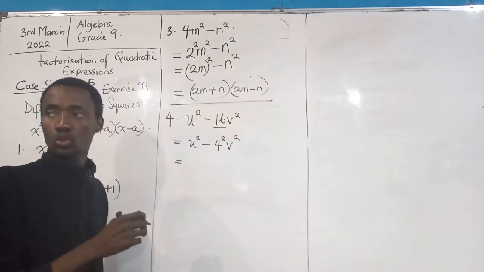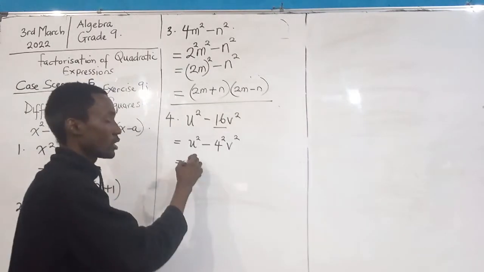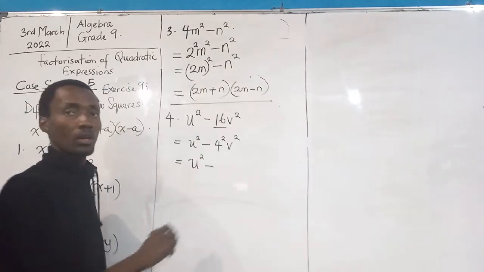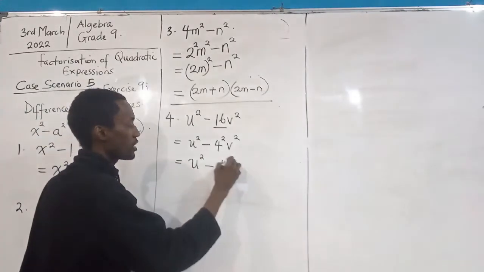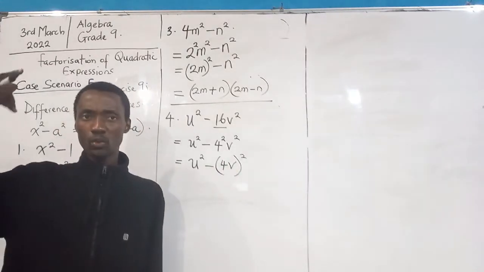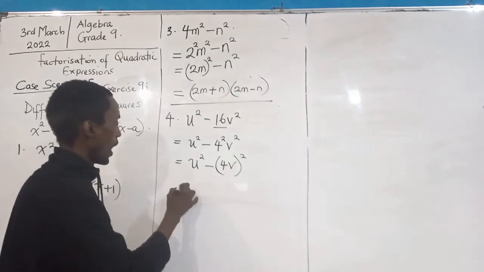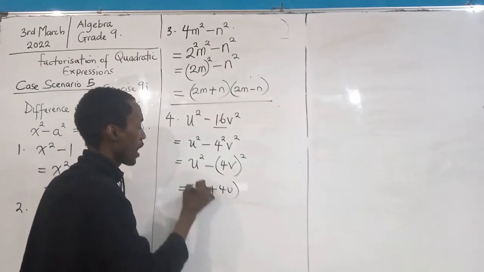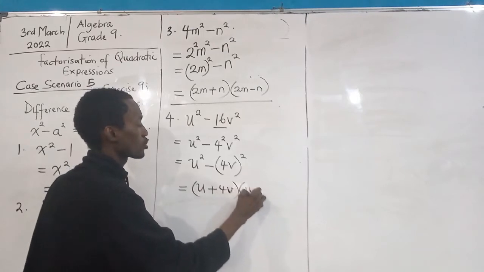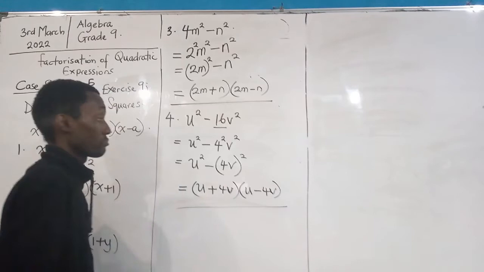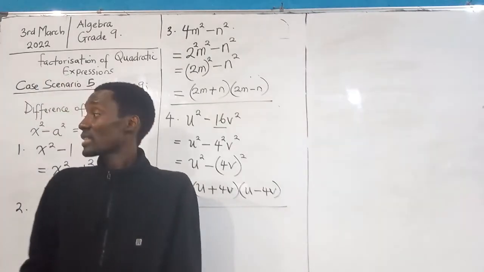So the next thing you do is to say u squared minus 4v all raised to the power of 2, based on the understanding we've gathered previously. And this will mean that I will add u to 4v and multiply it by subtracting 4v from u. That's all. As simple as that.